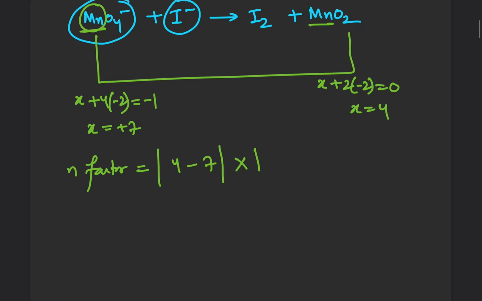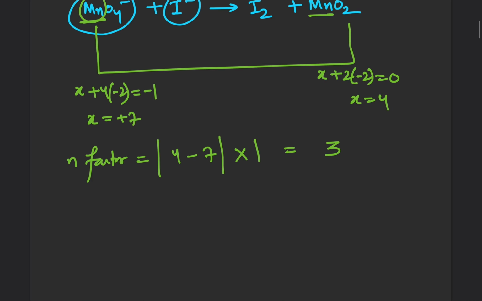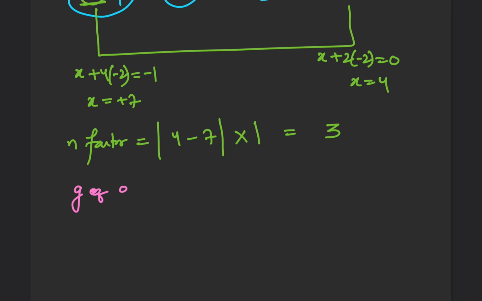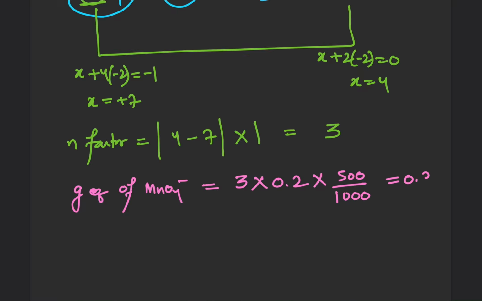So this will be equal to 3. Therefore the gram equivalence of MnO4 minus will be equal to n factor 3 into molarity 0.2 and volume 500 ml, so 500 by 1000, which gives us 0.3.